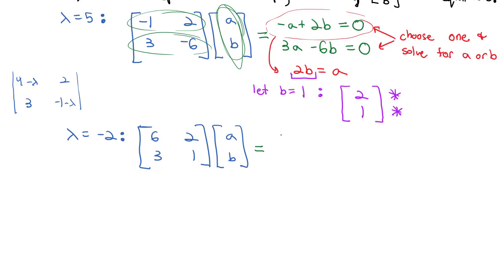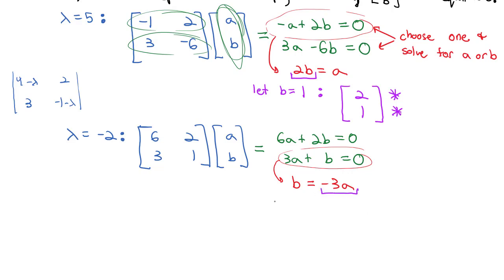What's that equal to? Well, we get 6A plus 2B equals 0, and 3A plus B equals 0. I can pick either of these equations because one should be a multiple of the other. I think the second one looks simpler. And if I subtract 3A from both sides, I get B is equal to negative 3A.